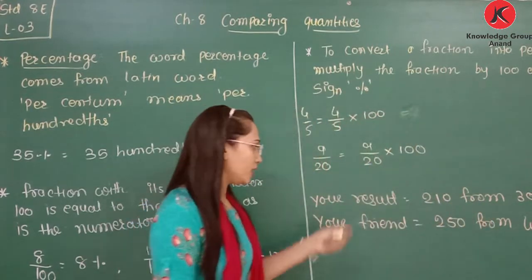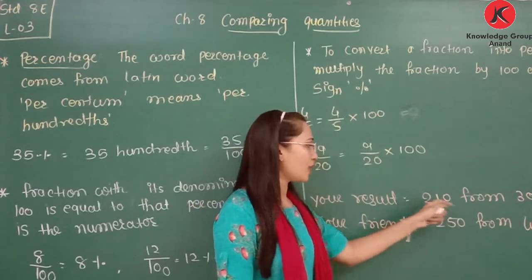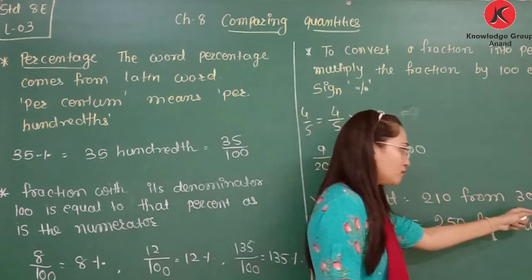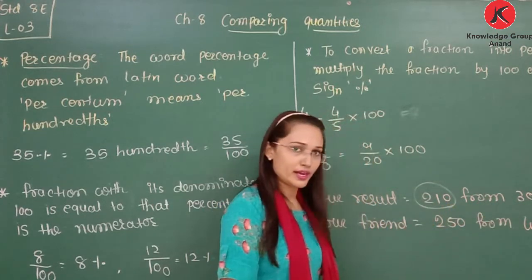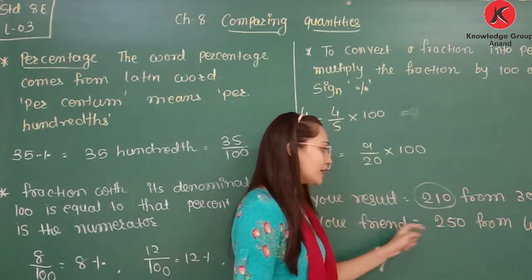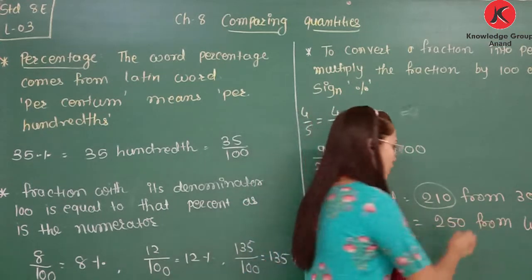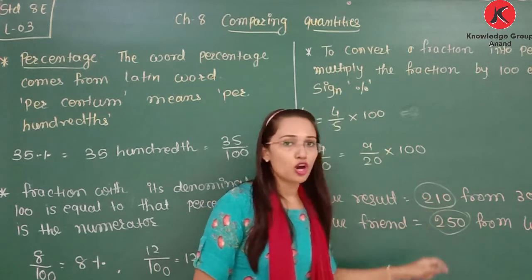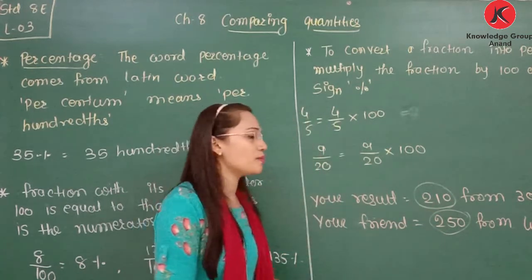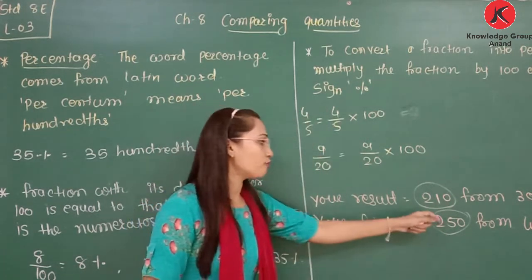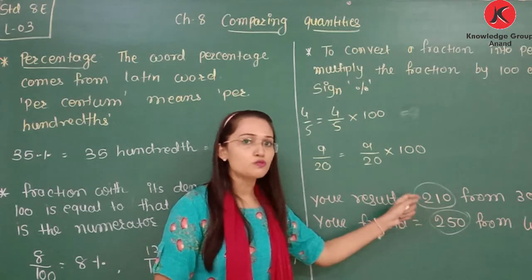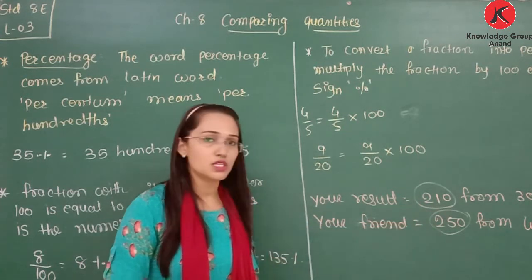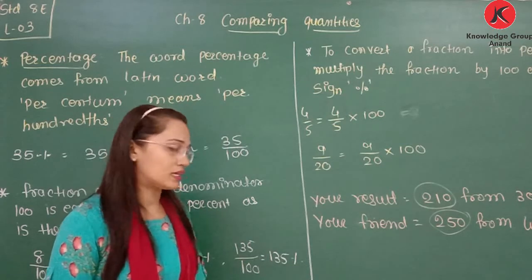So you get 210 marks and your friend gets 250 marks. Now it is not possible to say whose performance is better from this information.